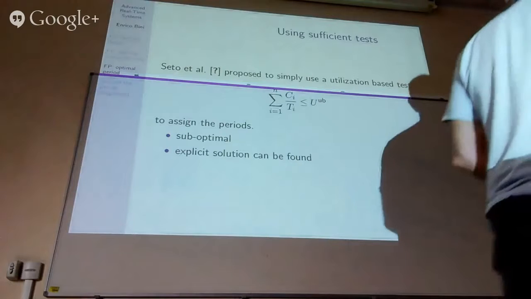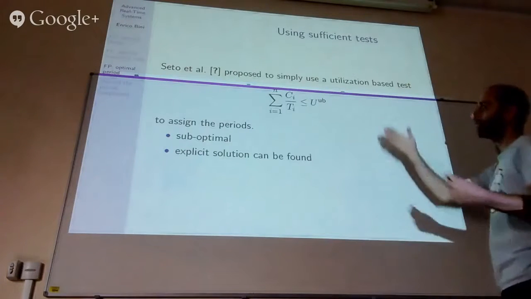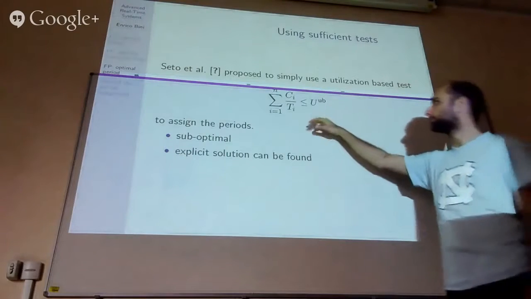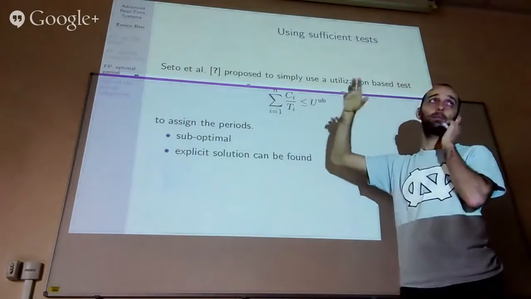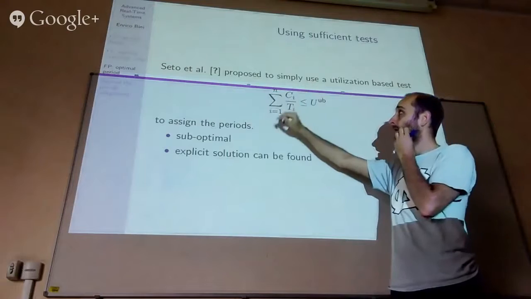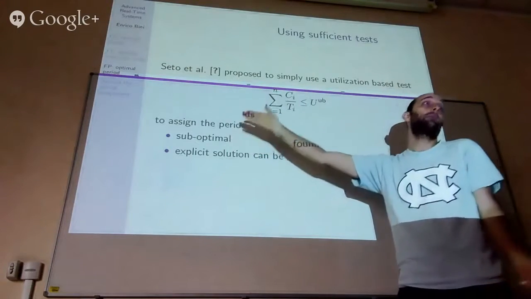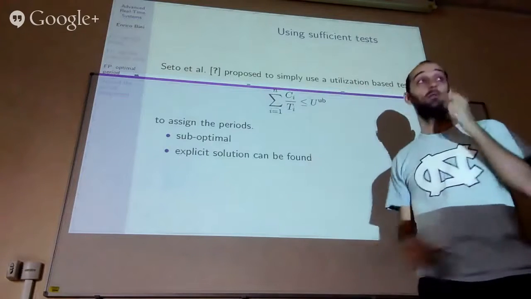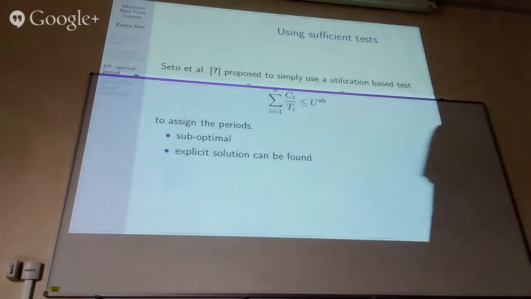Of course, it's complicated, and you can always use a linear bound by using just a linear upper bound. It was done by Seto, and it is suboptimal because, of course, its region is smaller. But the advantage is that you can find an explicit solution.